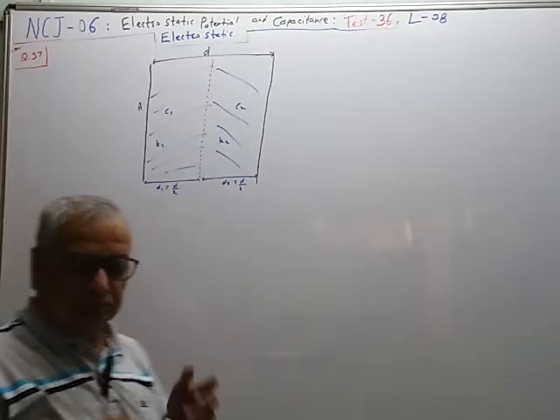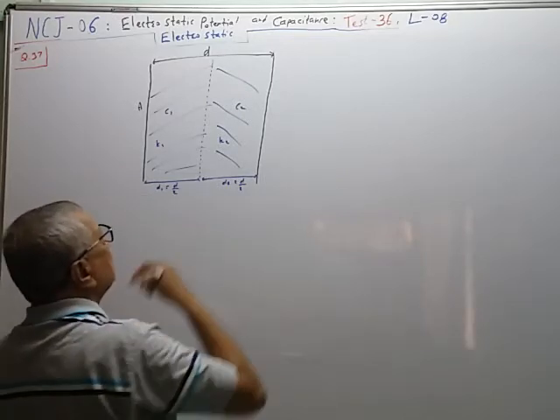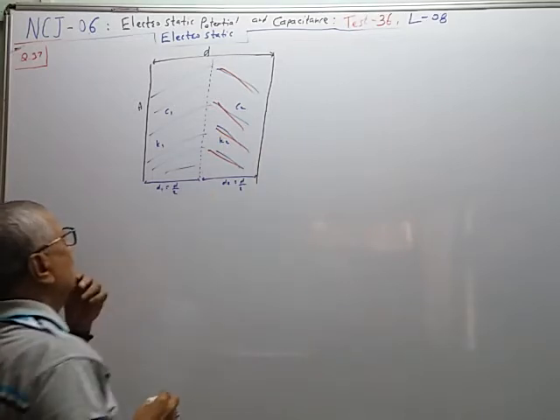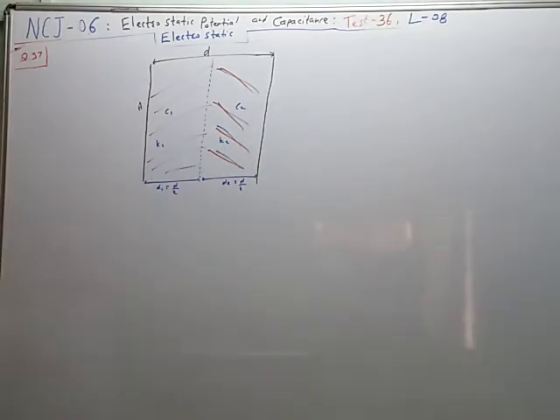So this medium is having dielectric constant K2. So these are two condensers C1 and C2 and they are in series.